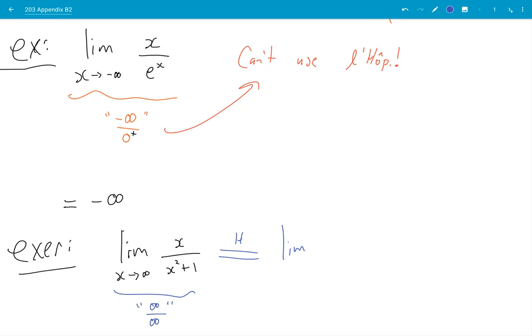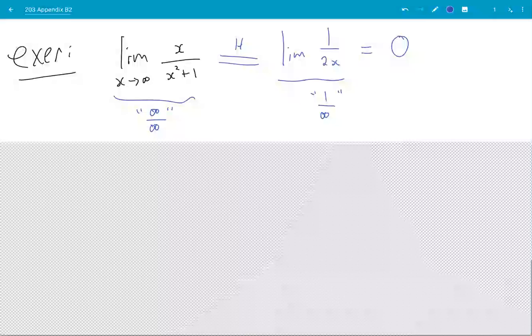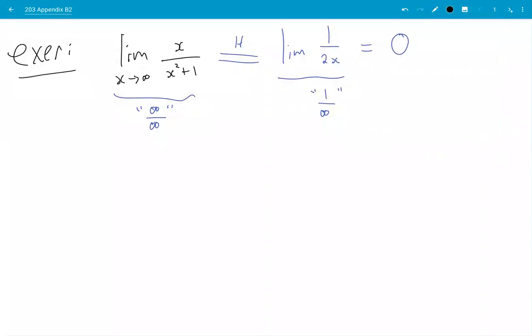And I get 1 over 2x, which is 0. Because this is 1 over infinity. Okay, copy that. And I'll do a more complicated example. Oh boy.